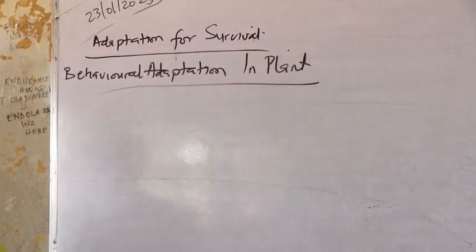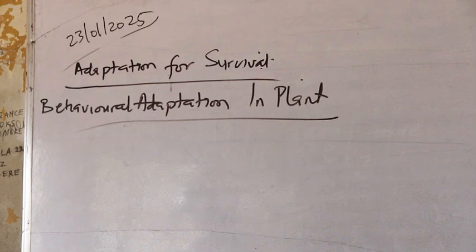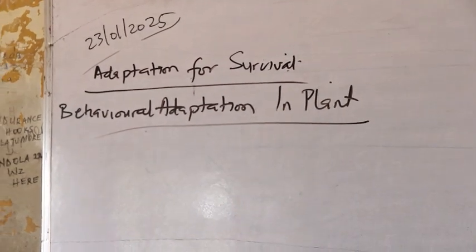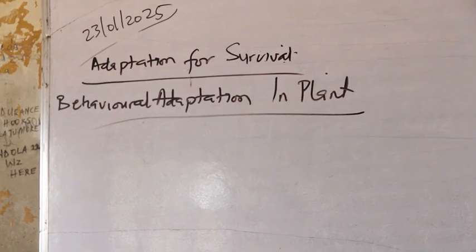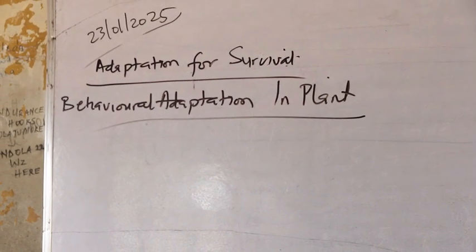Mimicry is an adaptive process or feature in which a harmless organism resembles a dangerous one.